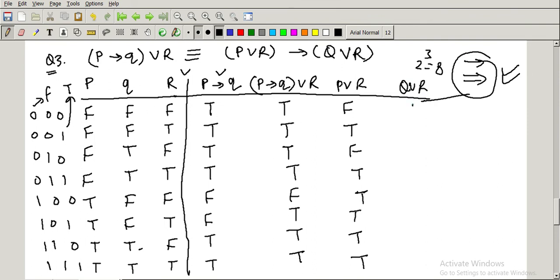So false, false, false; false, true, true; true, false, true; true, true, true; false, false, false; false, true, true; true, false, true; true, true, true.